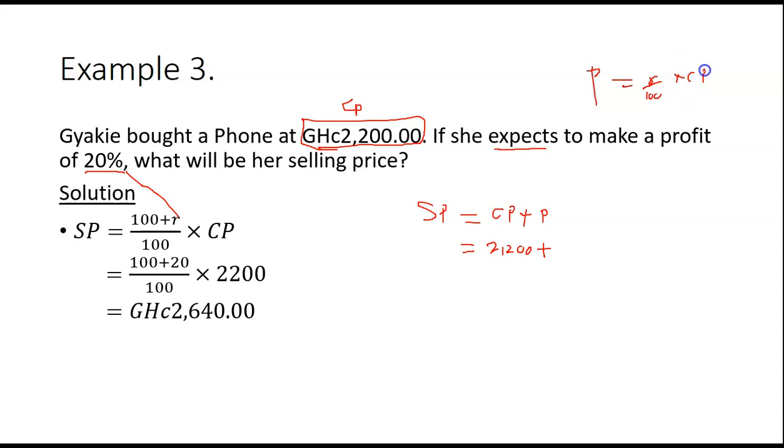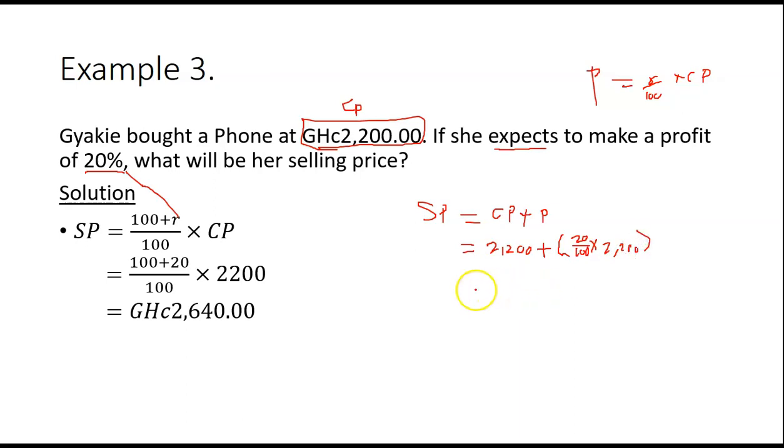To find profit, profit is always equal to rate of profit, that's R over 100 times cost price. So if that is the case, let's put it inside a bracket somewhere. Let's find profit. Profit will be 20 over 100, that's the rate, times cost price, which is 2,200.